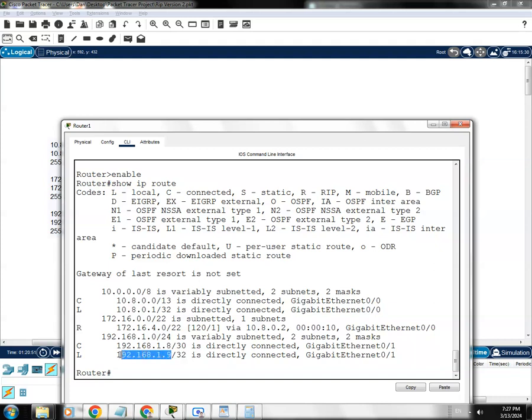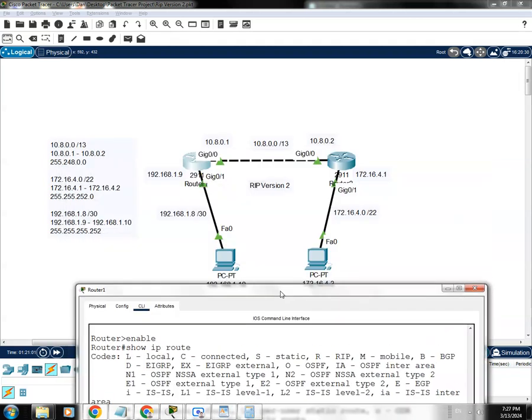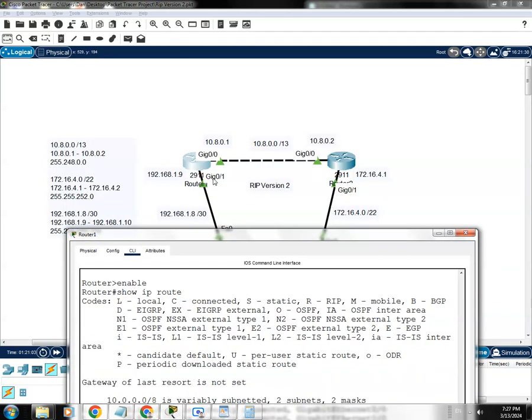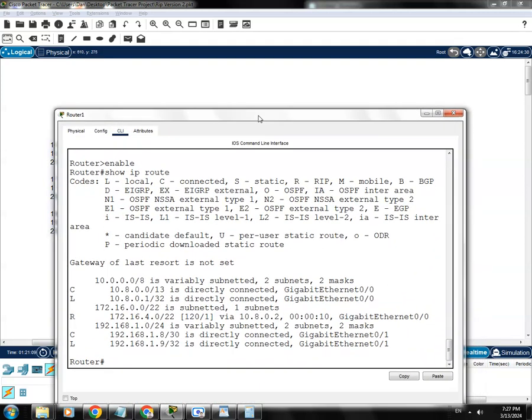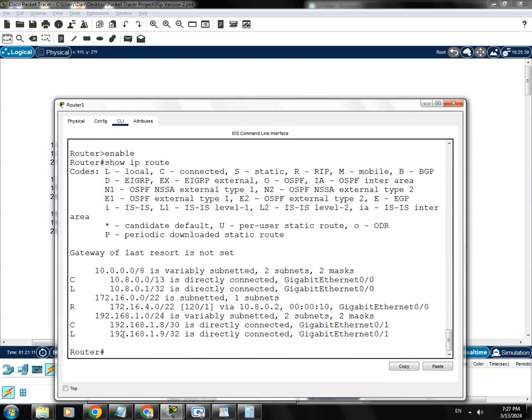It's the only host, and is directly connected to gigabit 0/1. It's the only host connected on this gigabit 0/1, and the IP address of gigabit 0/1 is 192.168.1.9. That is why it's /32.